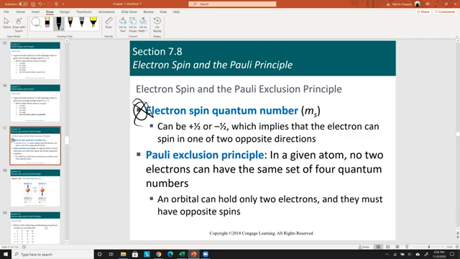So if the first three quantum numbers are the same, let's say n equals 3, L equals 2, ML equals 2, then the MS has to be different, because one of them has to spin up and one has to spin down. That's important. So an orbital can only hold 2 electrons. They must have opposite spins. One spins up, one spins down.